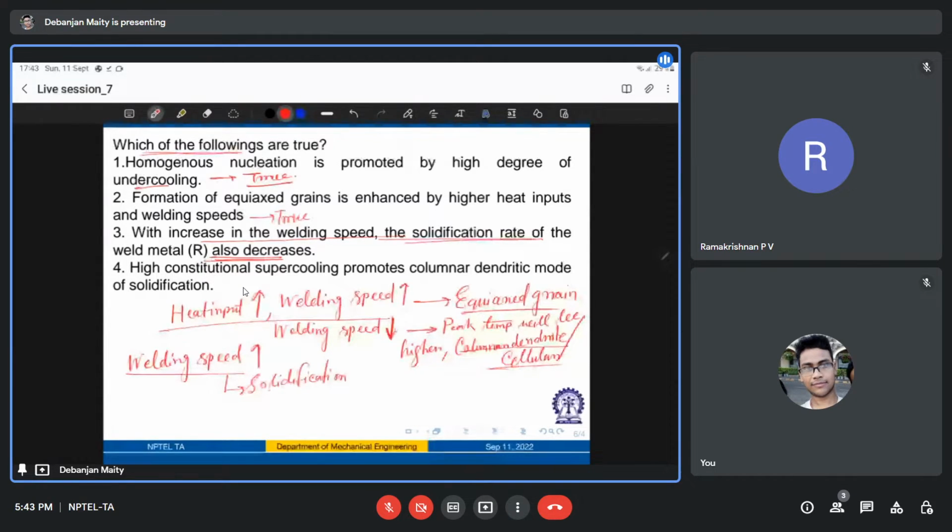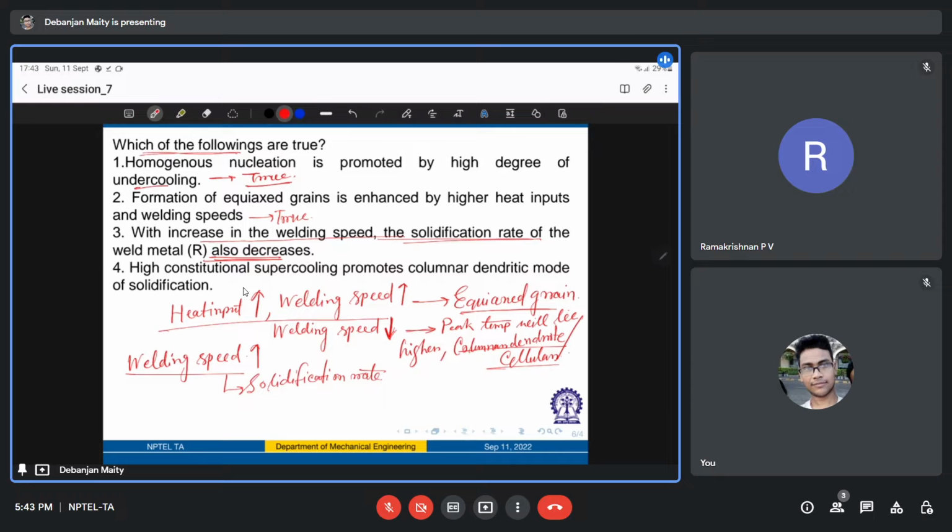So it starts to cool very fast because of high welding speed. The heat input will be low, obviously, and if your welding speed is lower, solidification rate gets reduced.